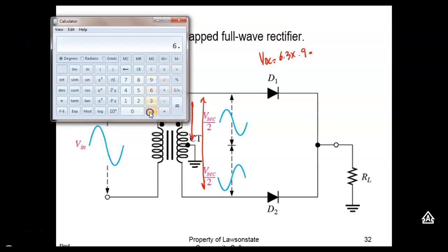So 6.3 divided by 0.707 equals that, minus 0.7 equals that, divided by pi equals that. So we should expect around 2.6 volts when we measure this with a DC voltmeter.